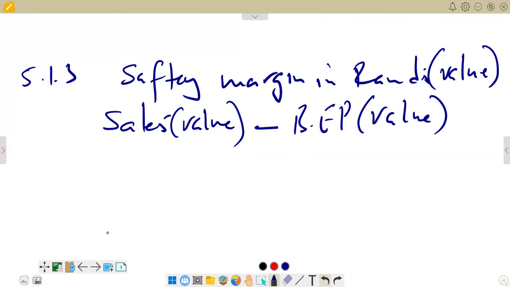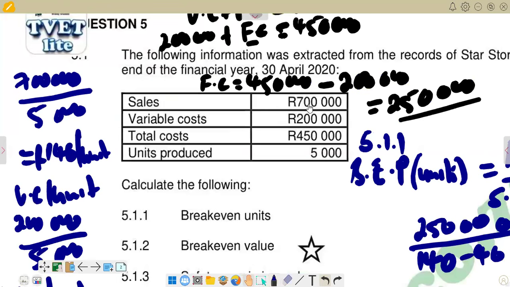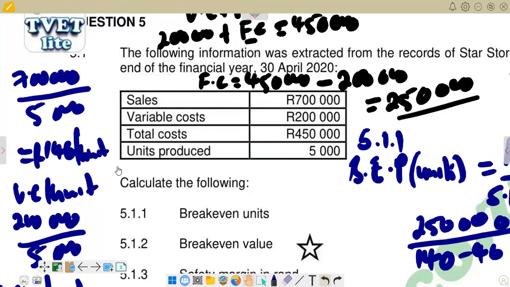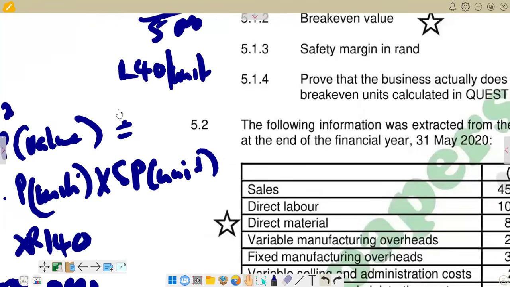So here we are just going to check the figures that we have for sales and the break-even point in value. If you come here, you see that the sales figure is 700,000, and the break-even point in value we calculated was 350,000. So we subtract the two.